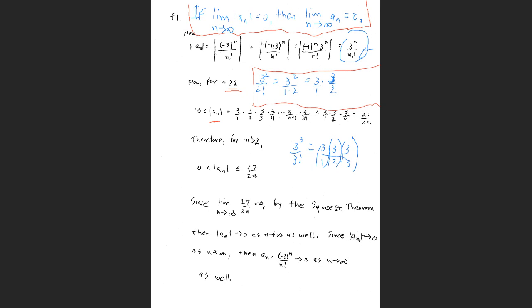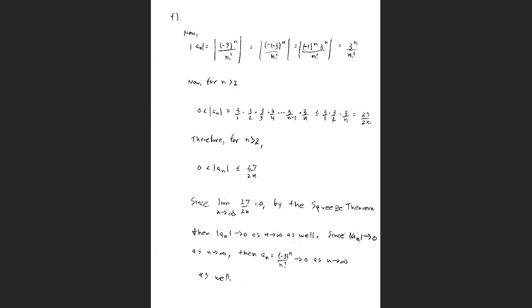But we note that all of these terms here are going to be less than 1. The product of these terms here is less than 1. That's why you can put the less than or equal to.